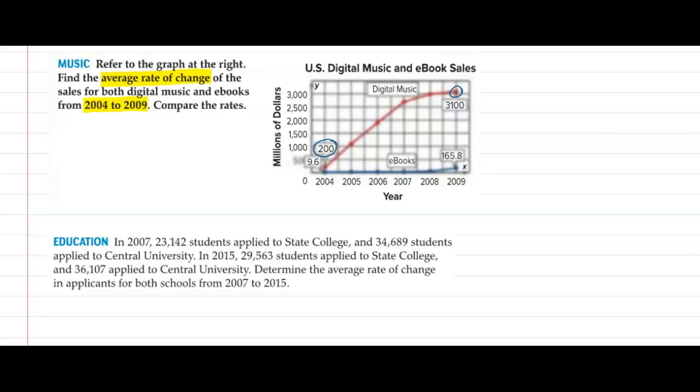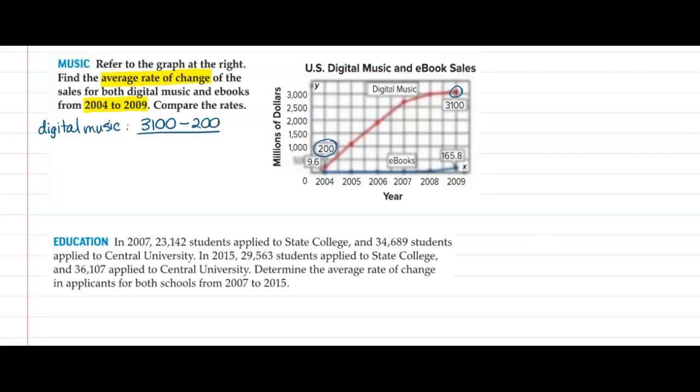So for digital music, we would say 3,100 millions of dollars minus 200 millions of dollars.